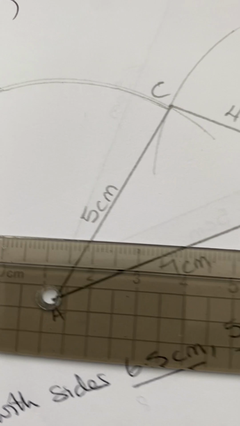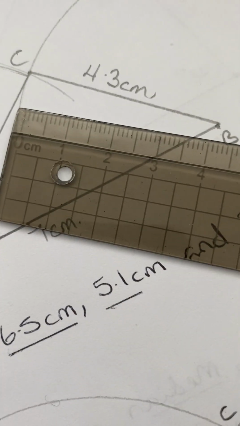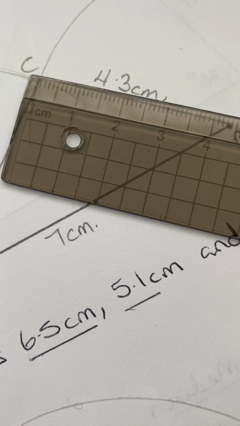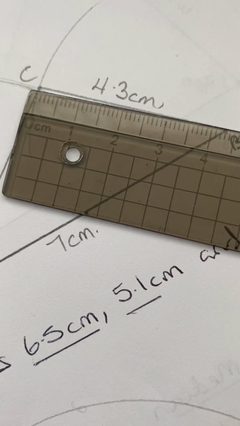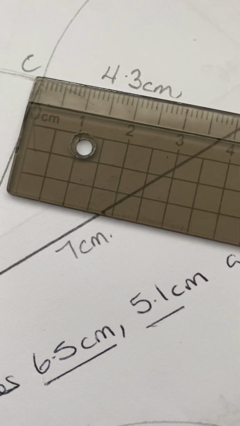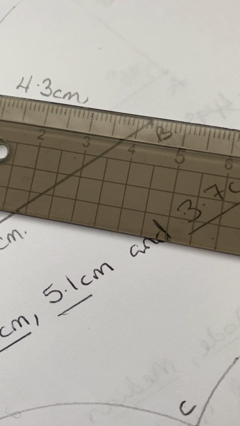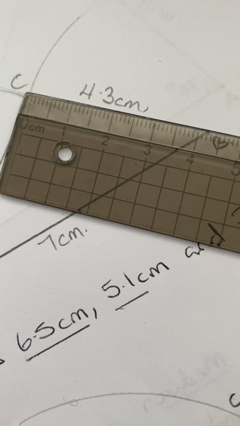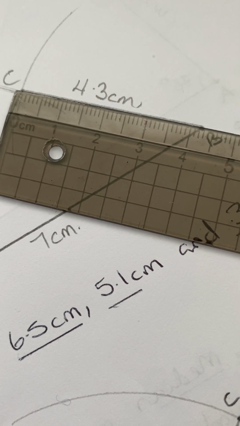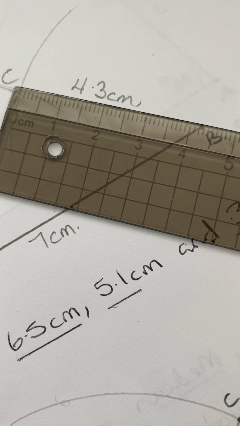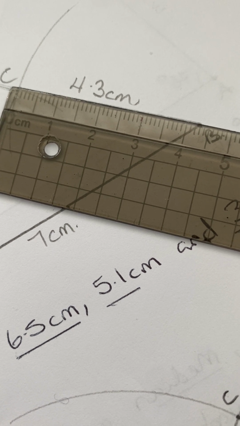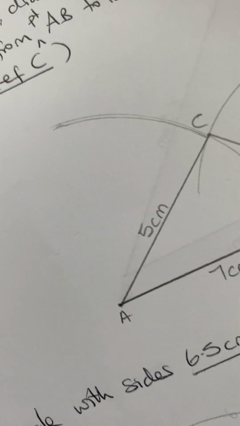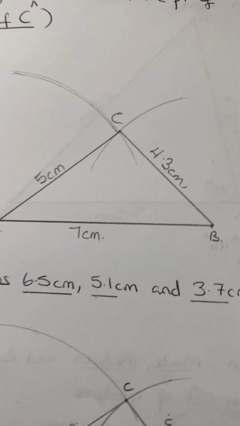And then B to C again. That is 0 and that's 4.3. Okay, if I move it properly. Zero and 4.3. So I've constructed the triangle.